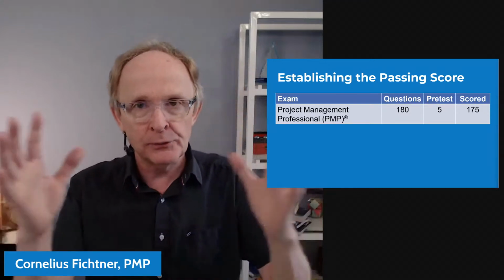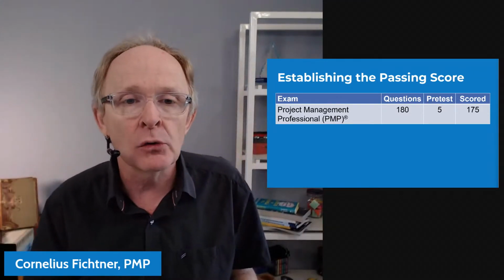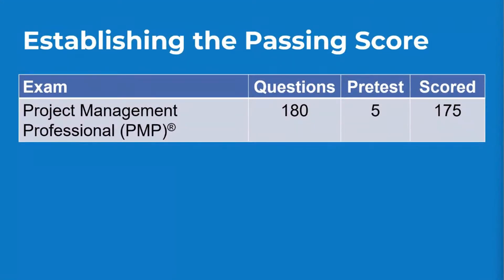Not that everybody gets it right or everybody gets it wrong, right? They have to fall into a certain spectrum. So they add these pre-test questions, and you become a test subject for PMI so that they can test these 5 questions here on you and make sure that they are correct.